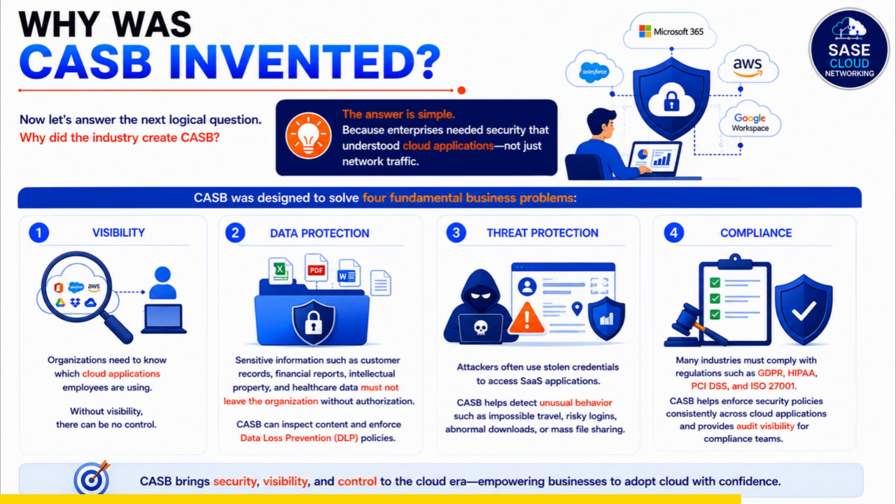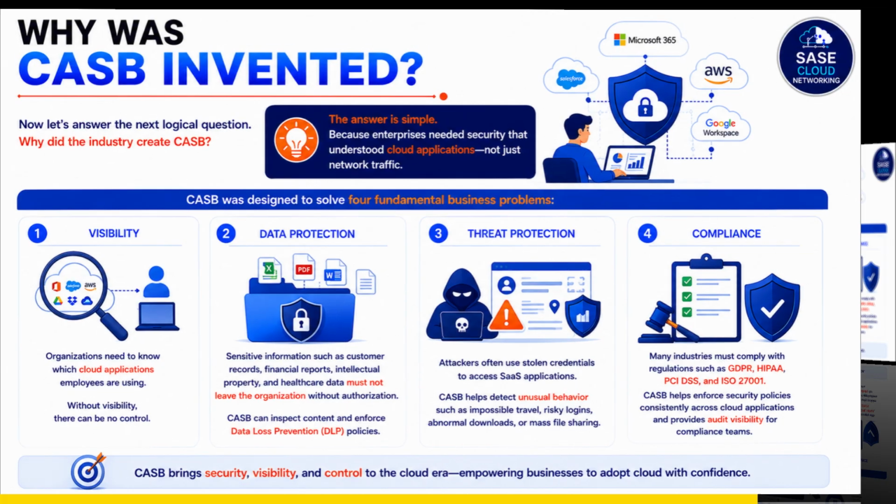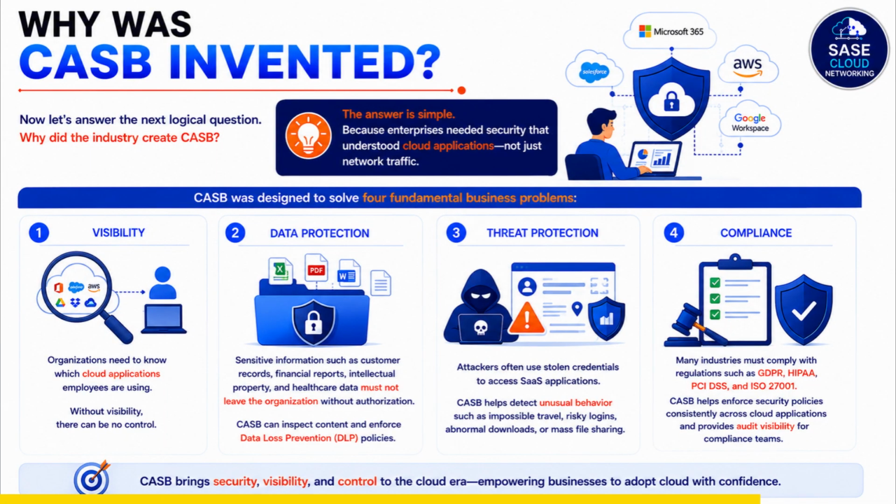2. Data protection. Sensitive information such as customer records, financial reports, intellectual property, and healthcare data must not leave the organization without authorization. CASB can inspect content and enforce data loss prevention (DLP) policies. 3. Threat protection. Attackers often use stolen credentials to access SaaS applications.